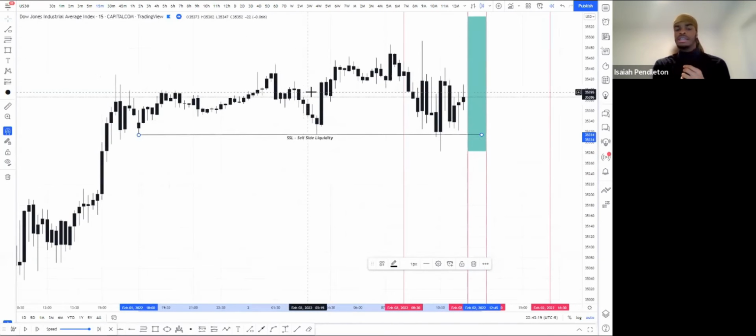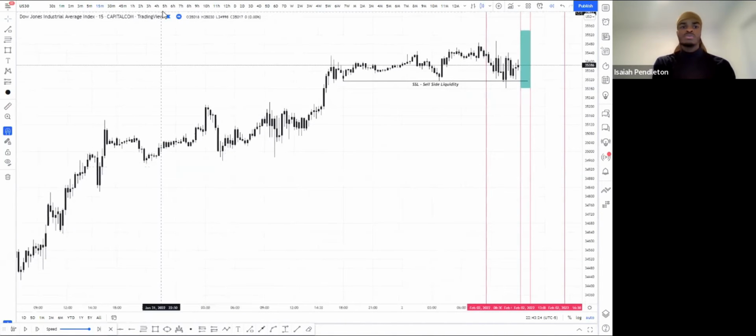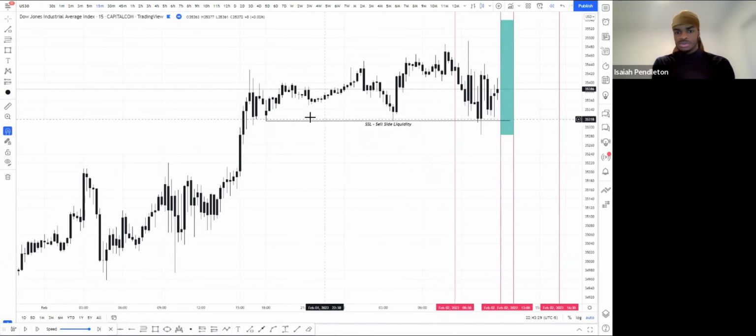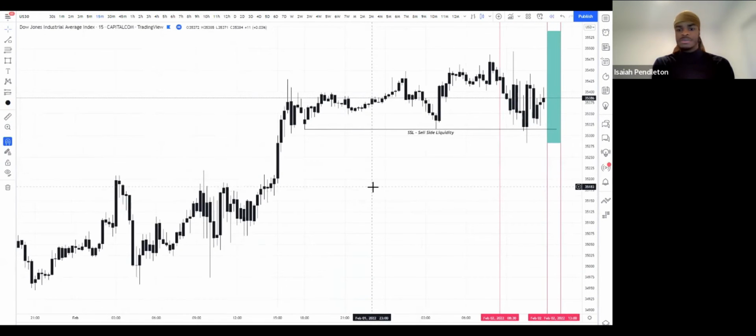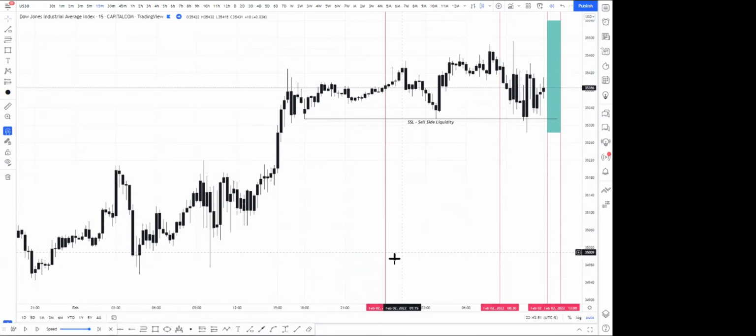Now you need a directional point. You need to know the narrative. So first, the narrative for US 30 is that we've been buying this week. Okay. My calendar.